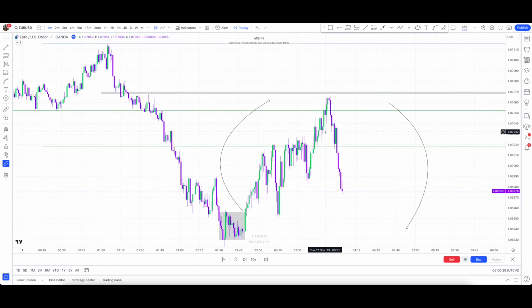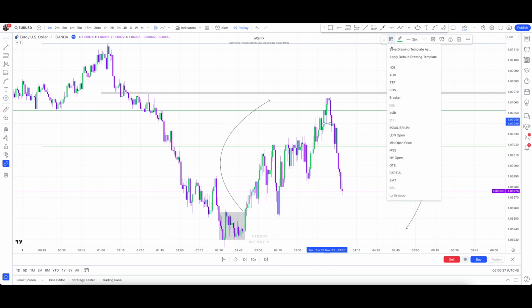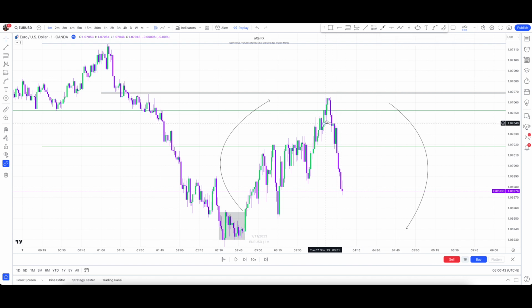And right here was my entry. Right here, when this low was broken, let's just put it black. Right here, price came back aggressively after fulfilling the fair value gap of 1 hour and hitting the order block, and it created this tiny fair value gap here.